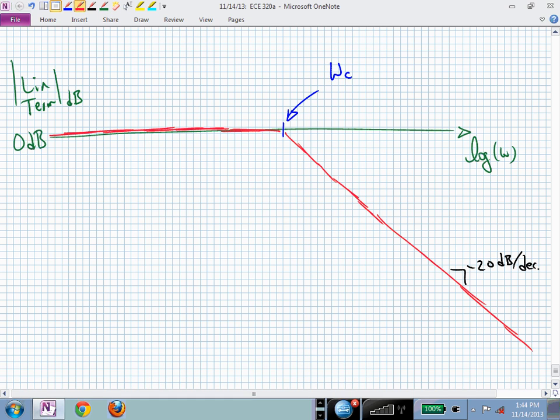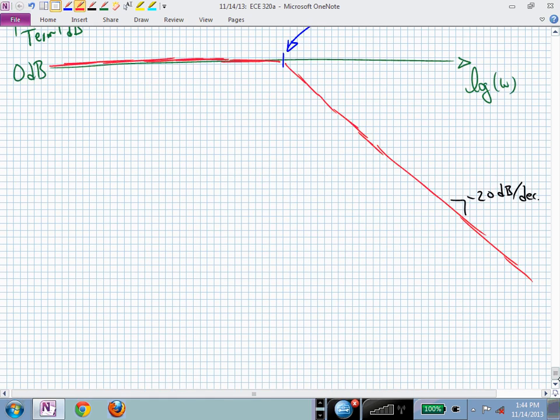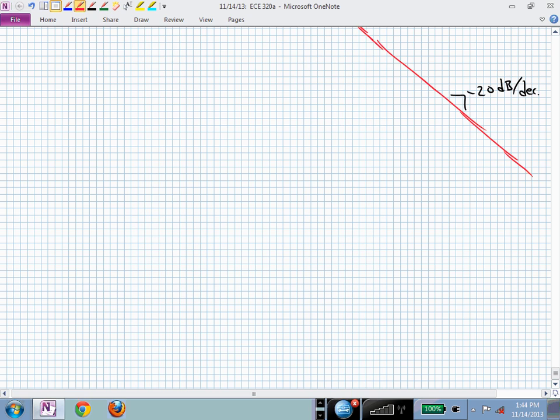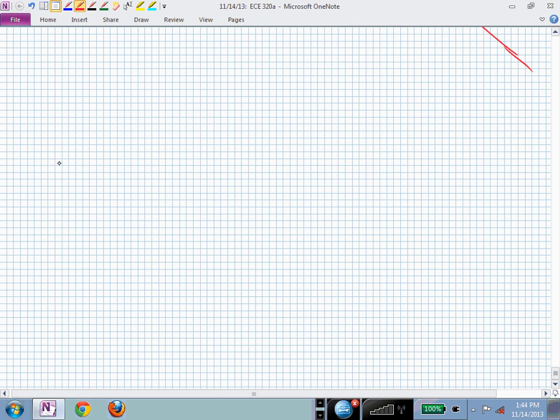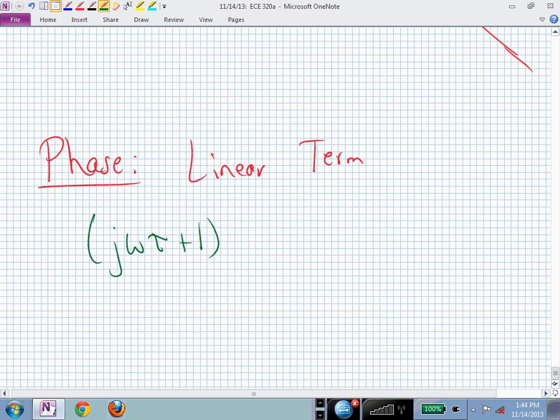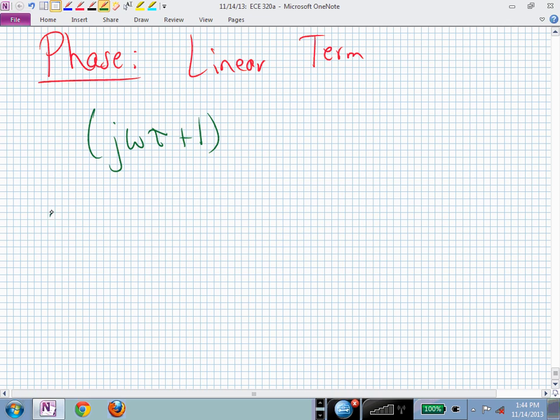What do we do for the phase? If we have this linear term, our linear term now is this j omega tau plus 1. If omega tau is much less than 1, this is the baby bear, isn't it?